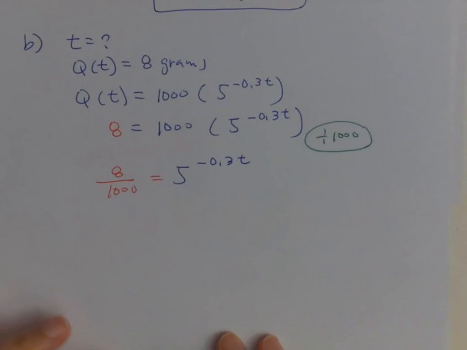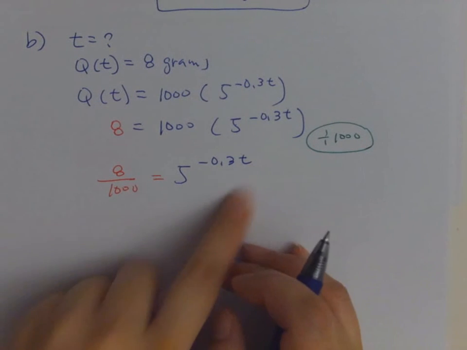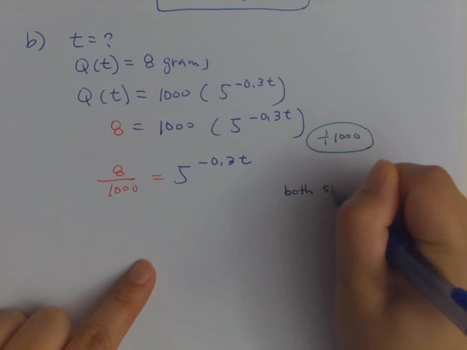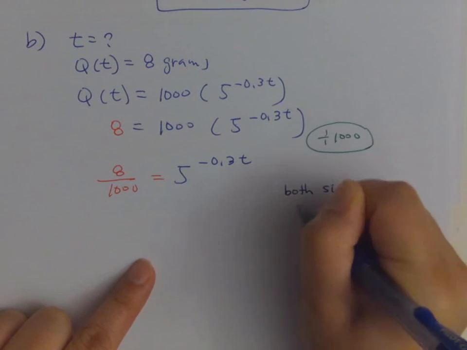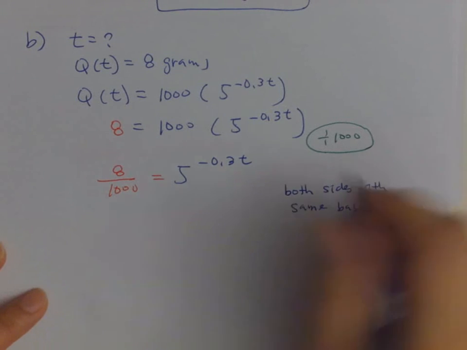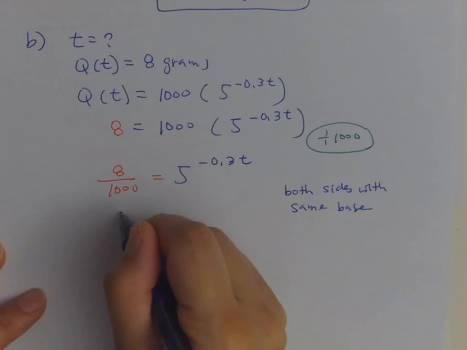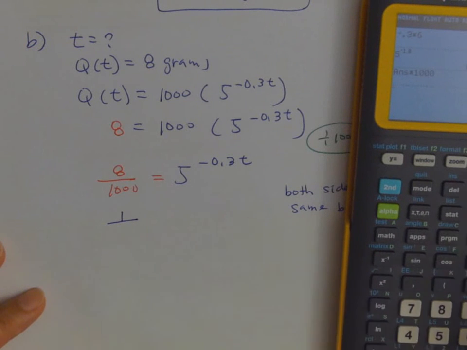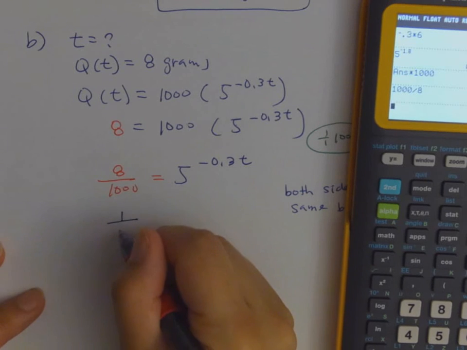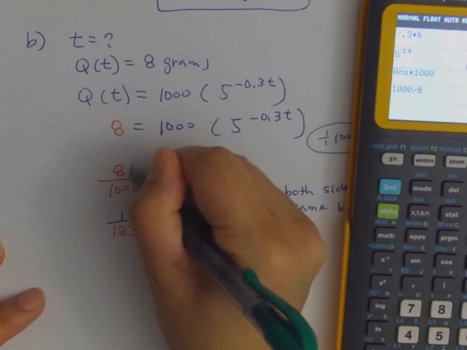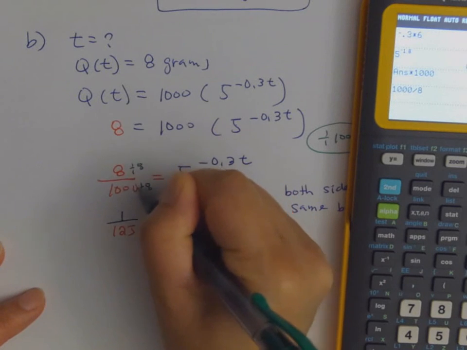But in this chapter, they want you to solve the exponents by making both sides have the same base, right? So we're going to try. I can reduce this. This is 8 times 1 on top, and 1,000 divided by 8 is 125. So I divided both top and bottom by 8 to reduce it.